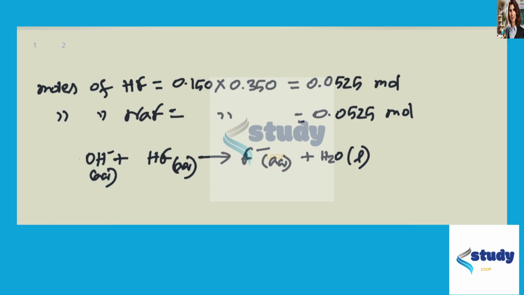Now, before the addition of the hydroxide ion or the sodium hydroxide, we had this number of moles for the acid and base. Our number of moles of acid was 0.0525, and our number of moles of base was also 0.0525.